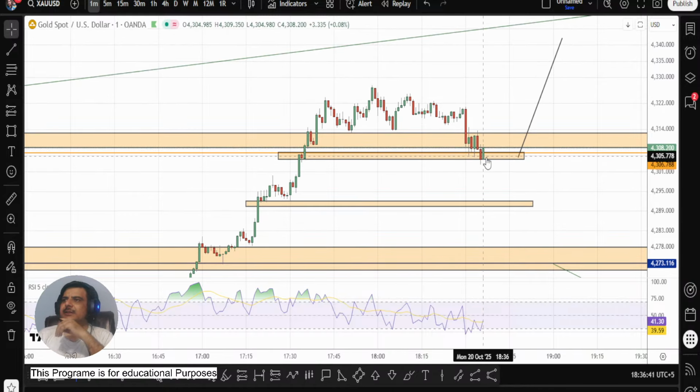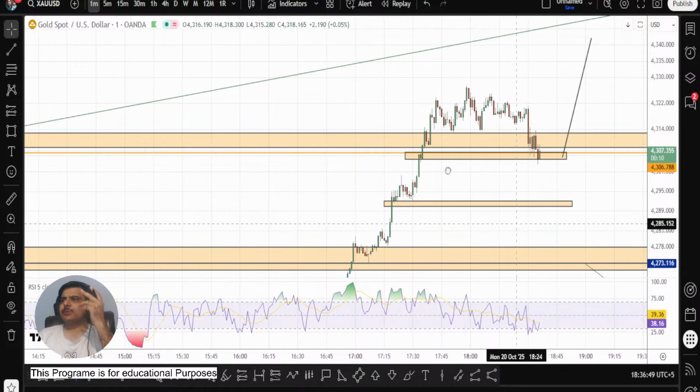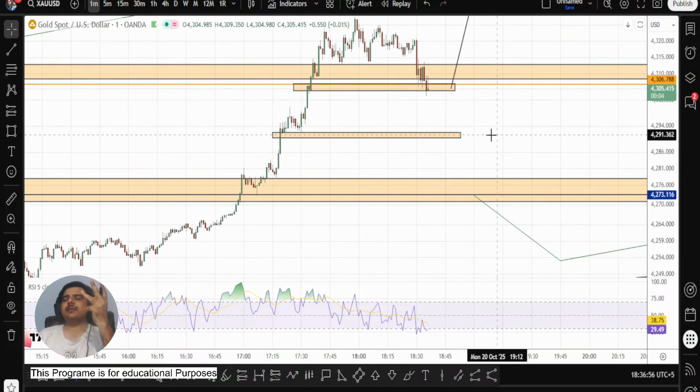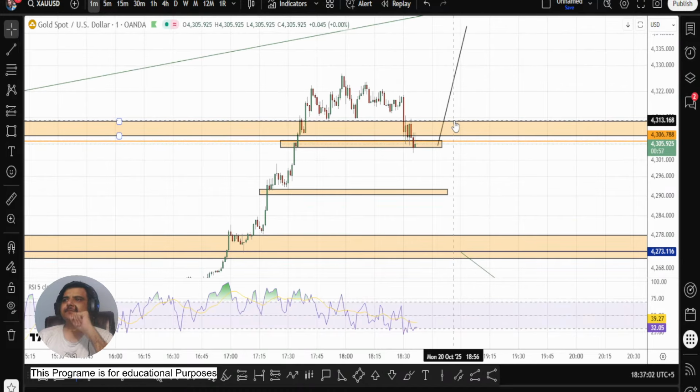Now if market gives a break below this, then we will not be saying it is going to 43, 42 obviously from right here. Then we will have some other concepts on the basis of which we will be saying it's going up, but not specifically on this one, because it will fail. It will completely fail.